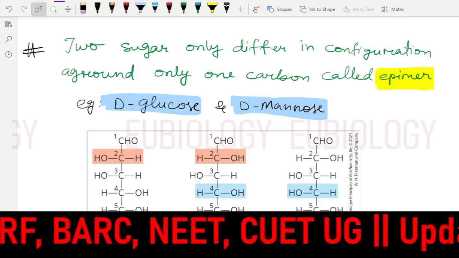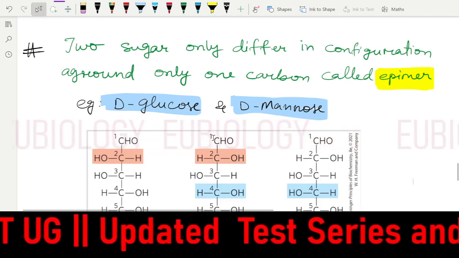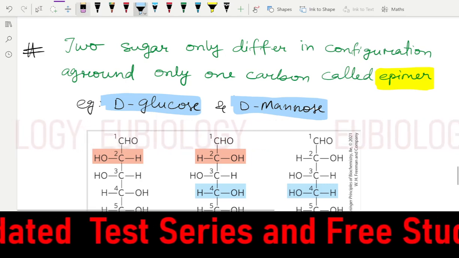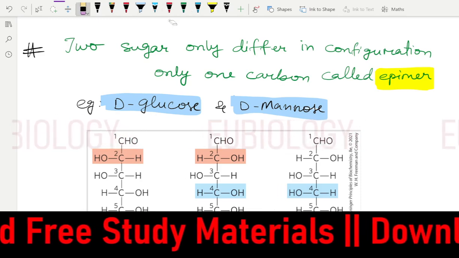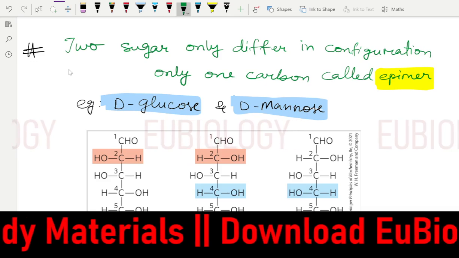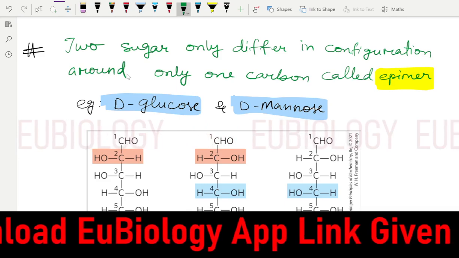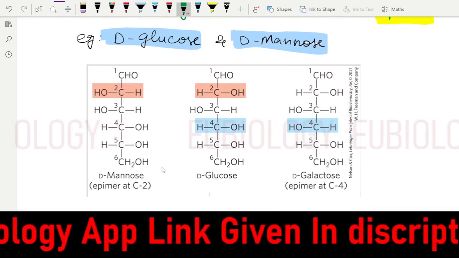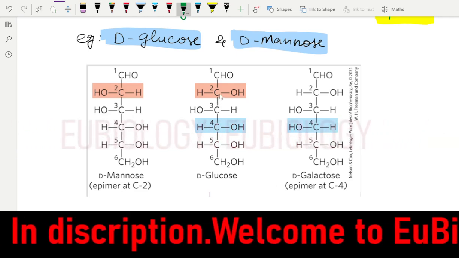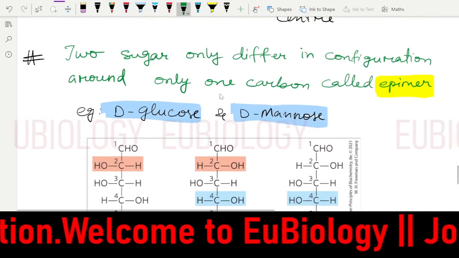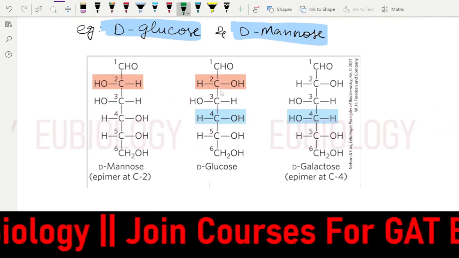As you can see here, two sugars that differ in configuration around only one carbon are called epimers. You can see in this diagram that D-mannose and D-glucose have a configurational difference at the second carbon.